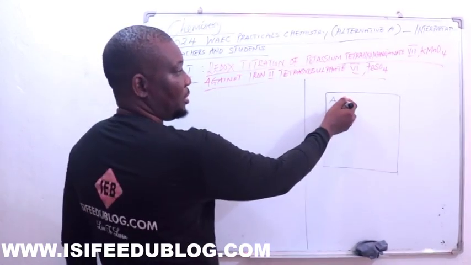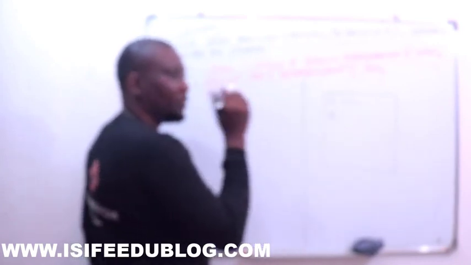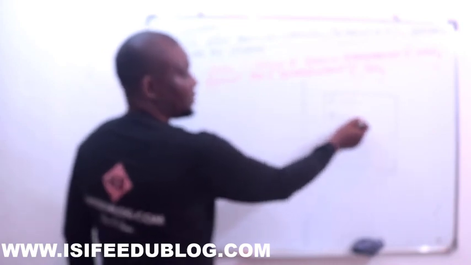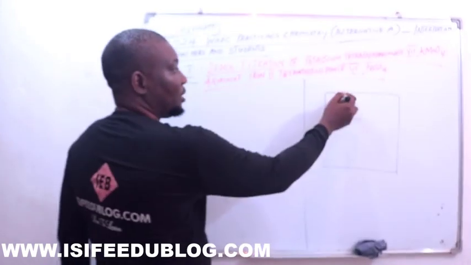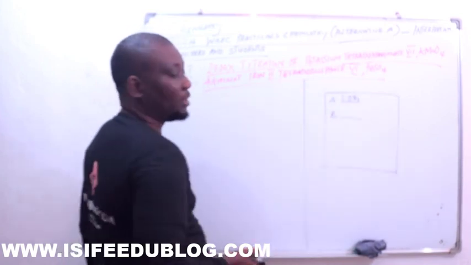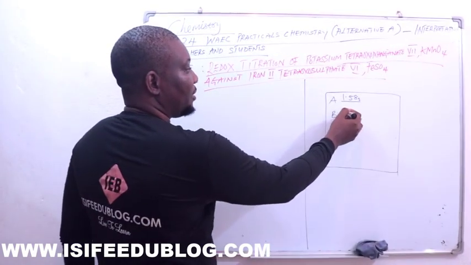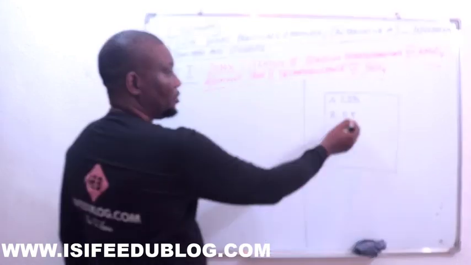But most especially the concentration, maybe in grams. You write it here. Maybe A is 1.58, we're able to put it here, and then B is 5.5 grams, we're able to put it here.